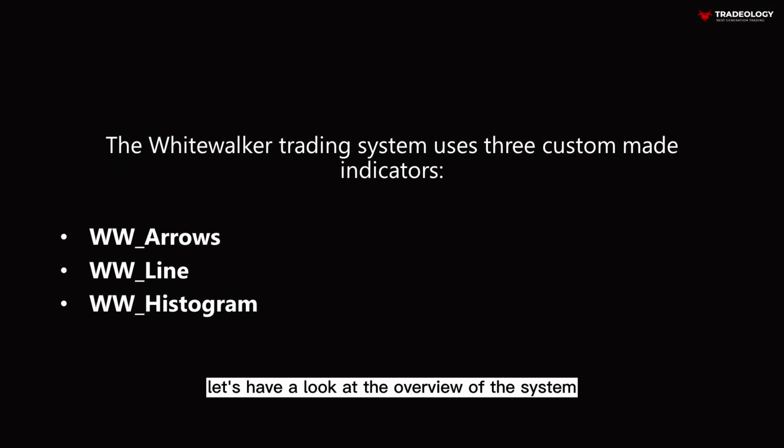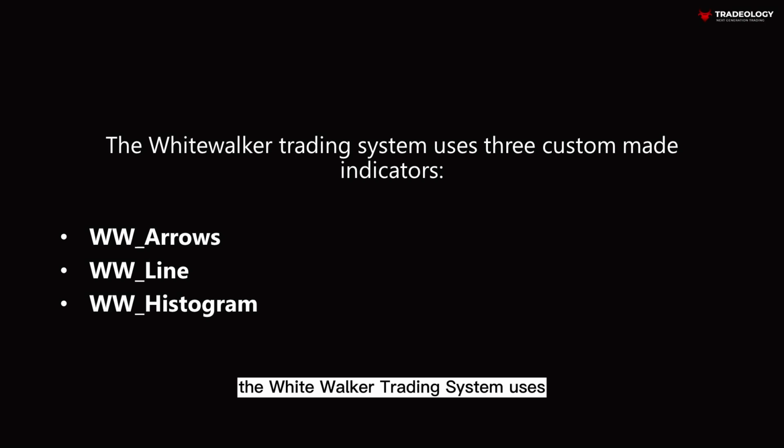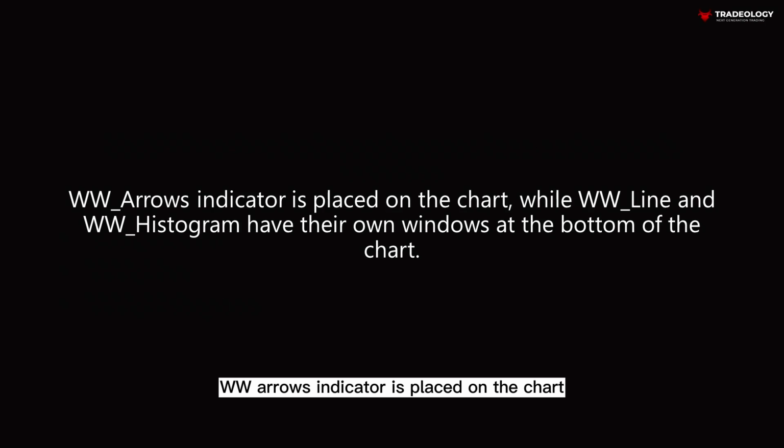Let's have a look at the overview of the system. The White Walker trading system uses three custom-made indicators: the WW arrows, the WW line, and the WW histogram. The WW arrows indicator is placed on the chart, while the WW line and WW histogram have their own windows at the bottom of the chart.